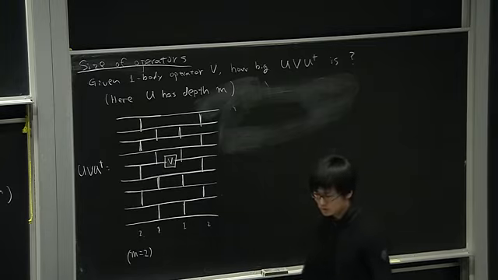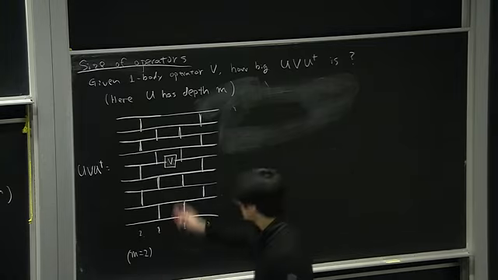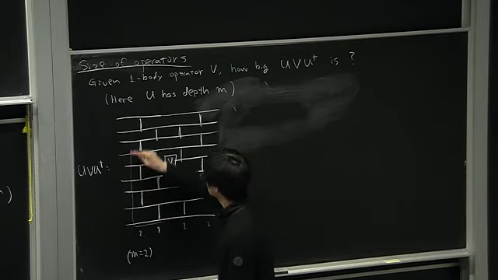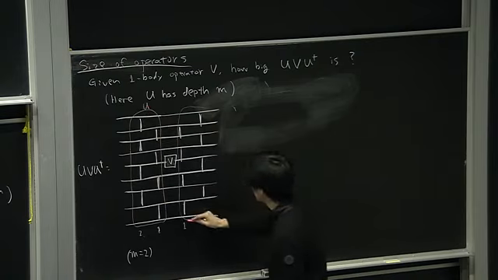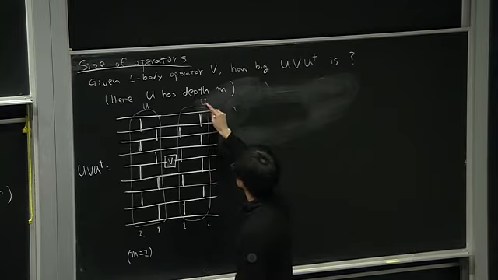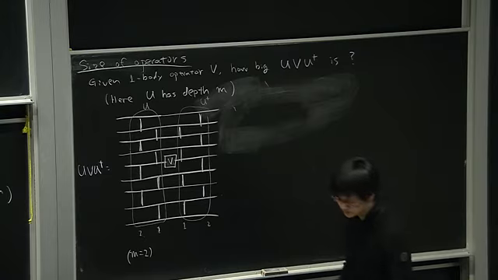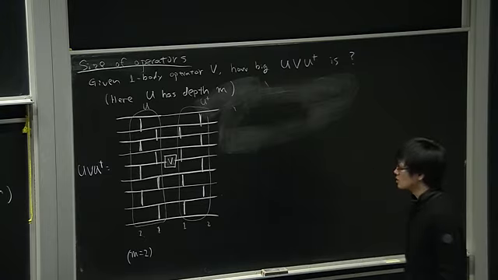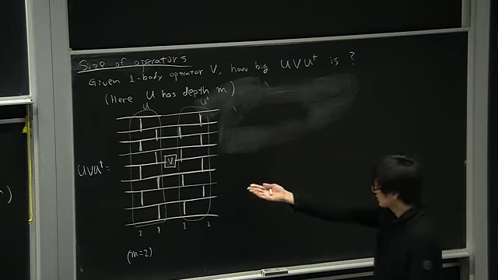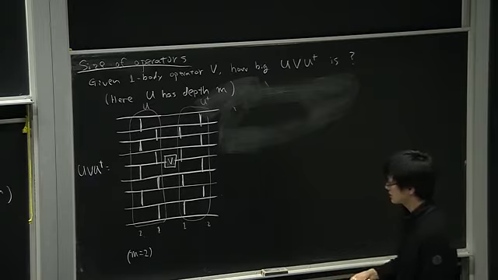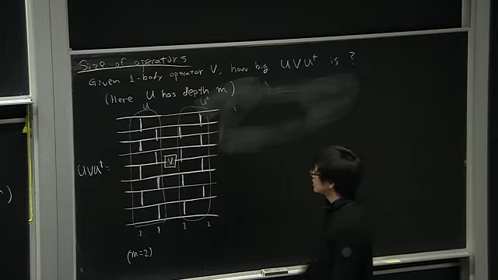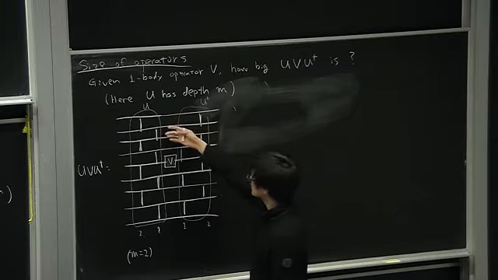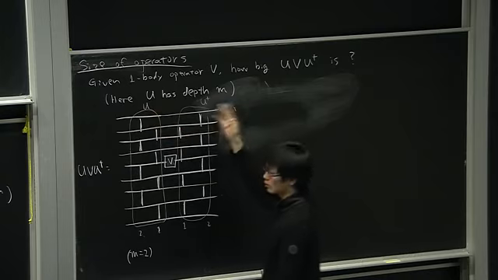Okay, so now let me elaborate on this figure a little bit. This part is your unitary operator, and this part is U dagger. So pictorially, this UVU dagger operator, the time-evolved operator, would look like this. But these are not random circuits; this U and U dagger are correlated.